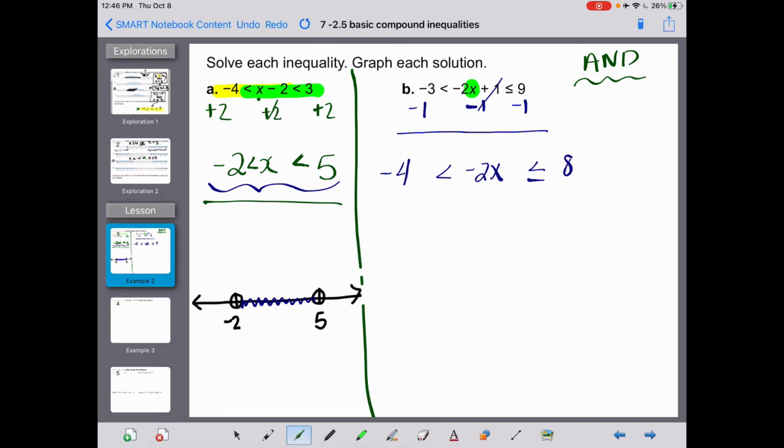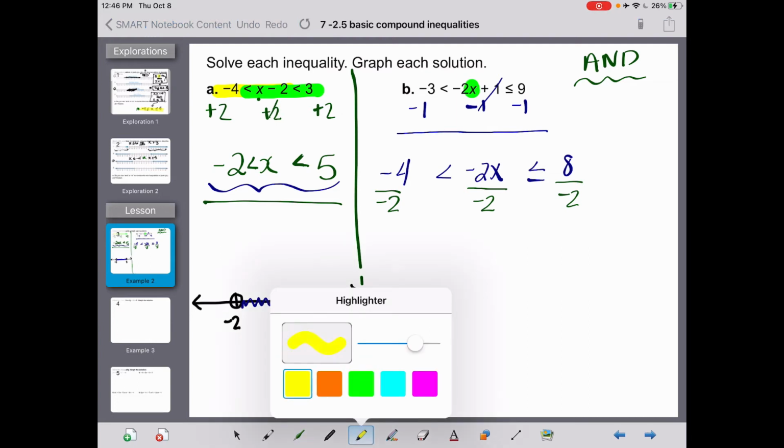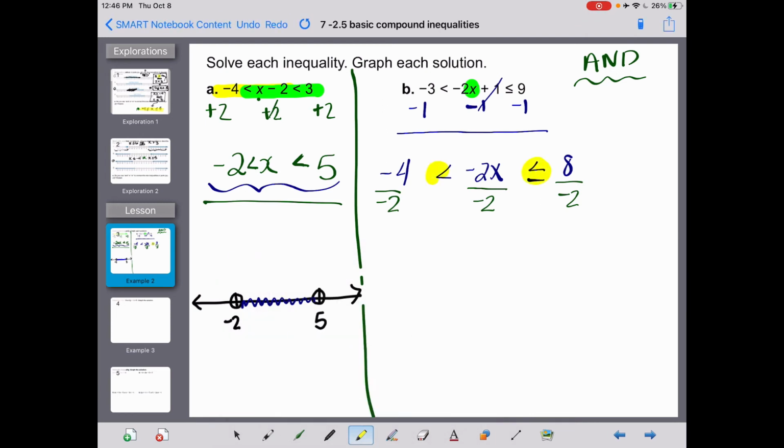My last step here to get x alone is dividing by negative 2 to all three sides. Now be careful because the rule about dividing by a negative applies here. When you divide by a negative, these signs need to flip. So I have positive 2 is greater than x, which is greater than or equal to negative 4.